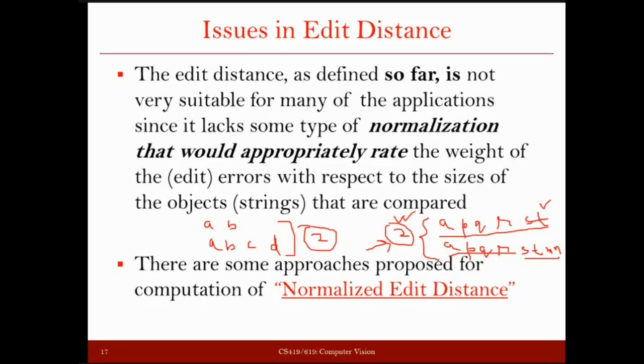But here, if you divide 2 by 8, since you have a total of 8 characters, it says that only 25% is not matching. Obviously, a 25% mismatch is much better than a 50% mismatch. So if you convert edit distance to the normalized edit distance, then this issue can be handled.